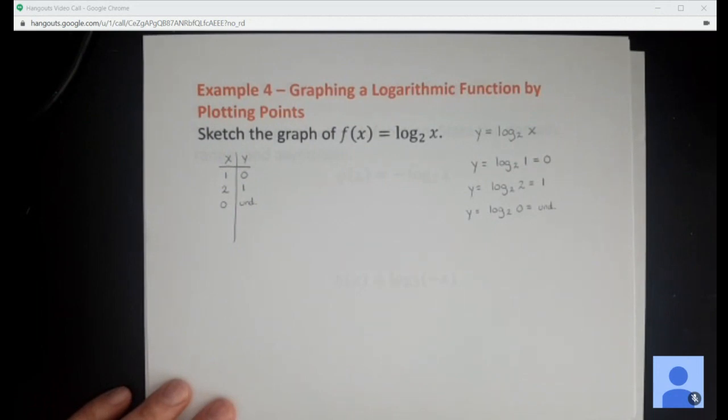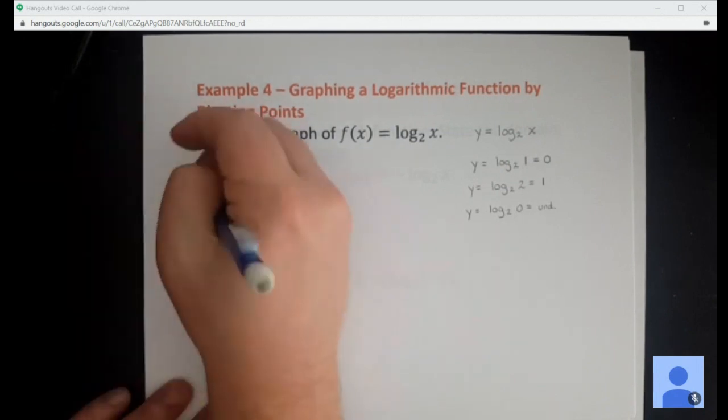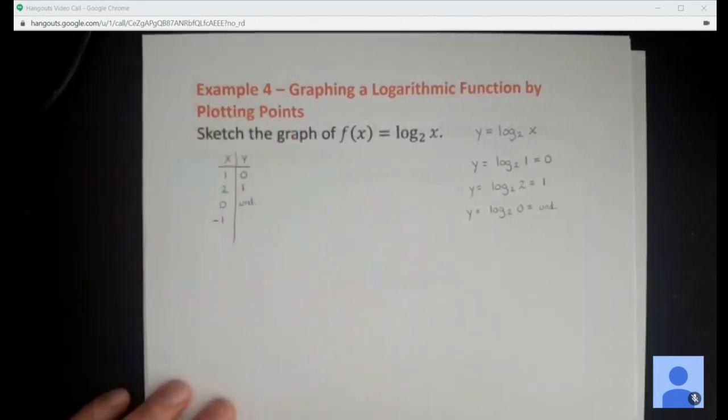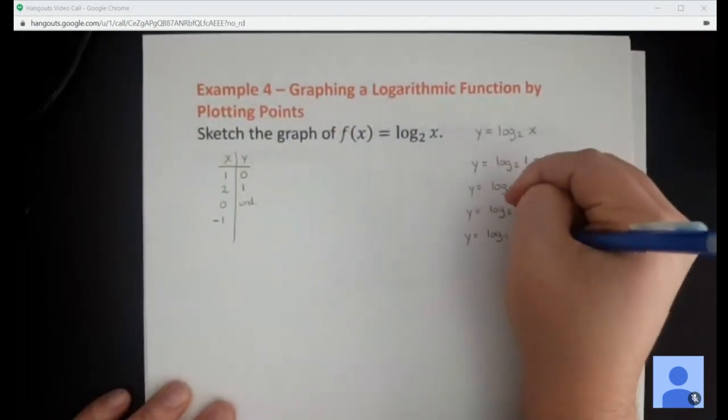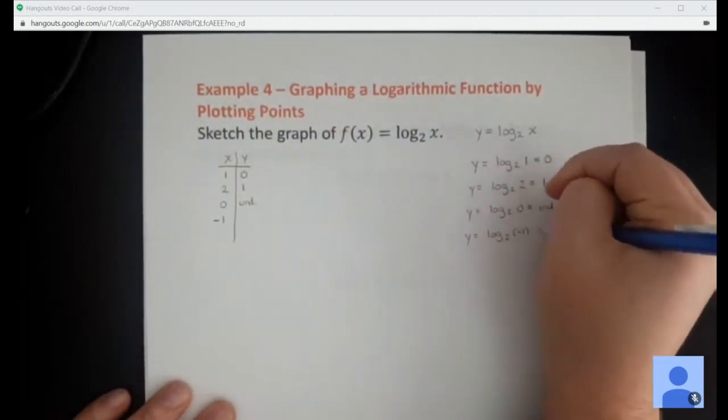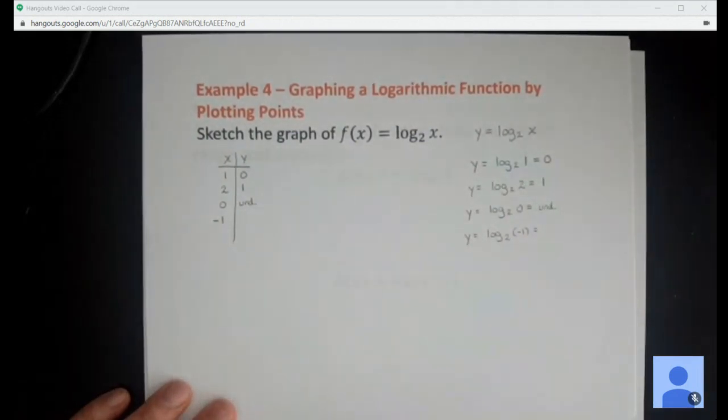What other values would you like to check? -1? Okay. Let's try that. So we've got base 2 log of -1 equals what?